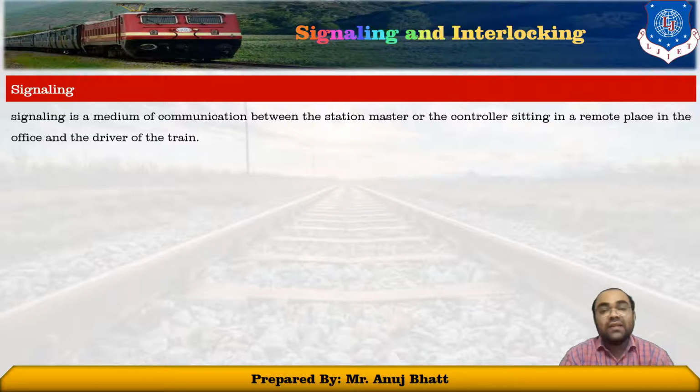Signaling consists of systems and devices by which trains are operated efficiently and tracks are used to their maximum extent, while maintaining the safety of passengers and staff as well as the rolling stock. Signaling includes the use and working of signals, points, block instruments and other equipment.